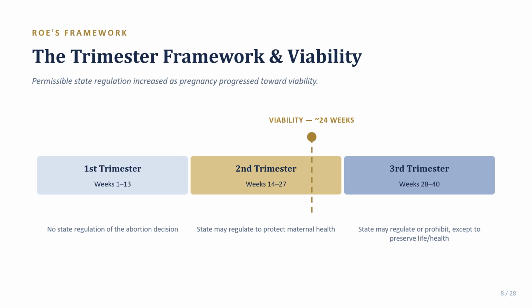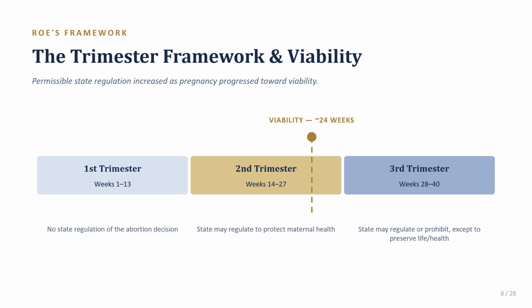One more thing that I do want to point out is that in this particular framework, the trimester structure ties permissible regulation to a very rigid calendar-based schedule that is largely independent of what specific regulation is actually at issue.